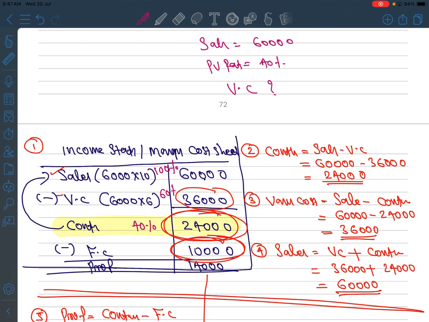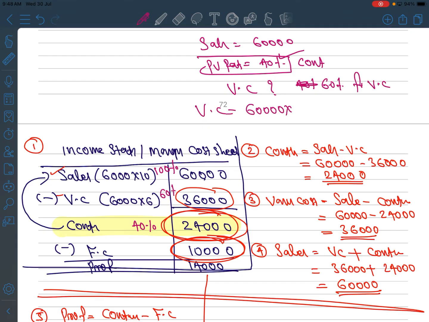If PV ratio, which means the ratio of contribution on sales, is 40%, then the remaining 60% is variable cost. So the variable cost is equal to 60,000 into 60%. How much? 36,000. Nothing great, very simple.